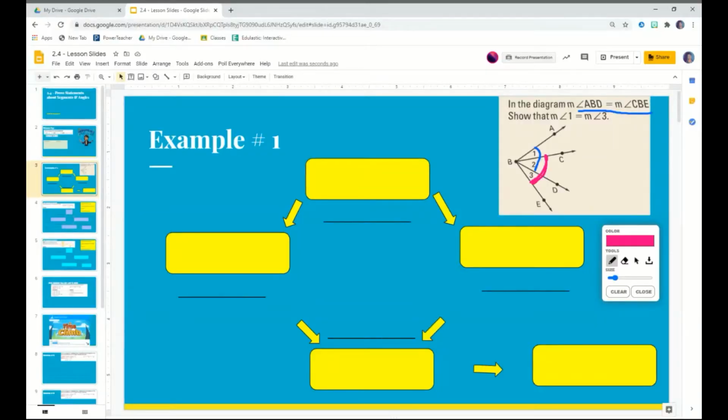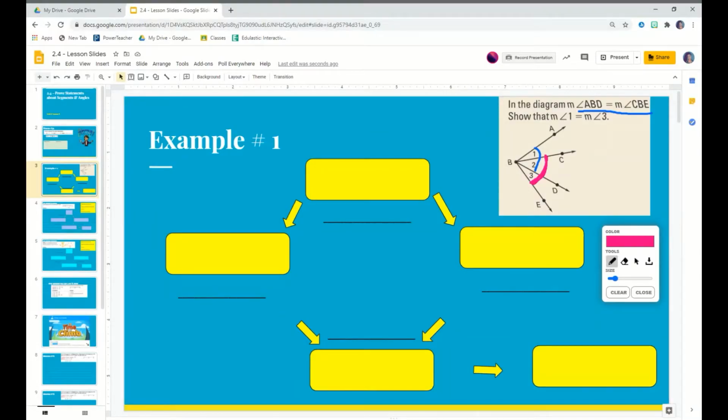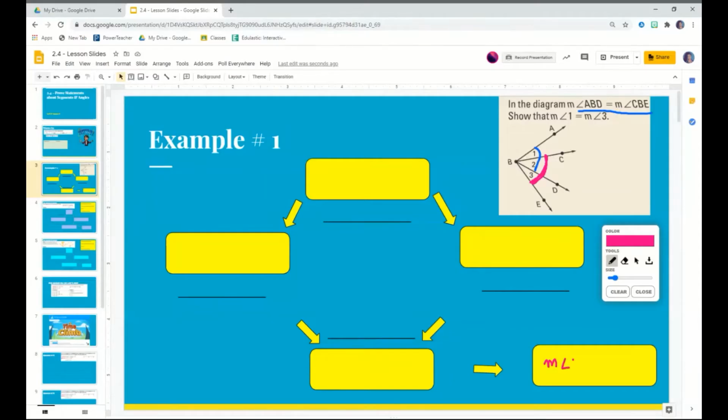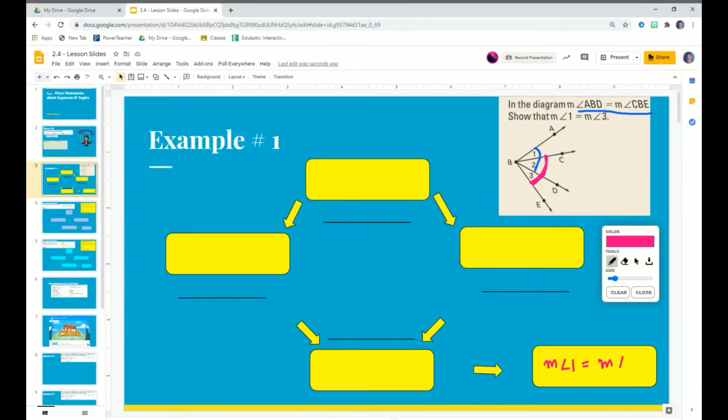So first of all, you should notice that these two angles actually overlap. They share angle 2. Okay, so you have to show that angle 1 is congruent to or equal to angle 3. So I'm actually going to put that right here because, again, that is the end of my proof. That is what I want to show as I write my proof.